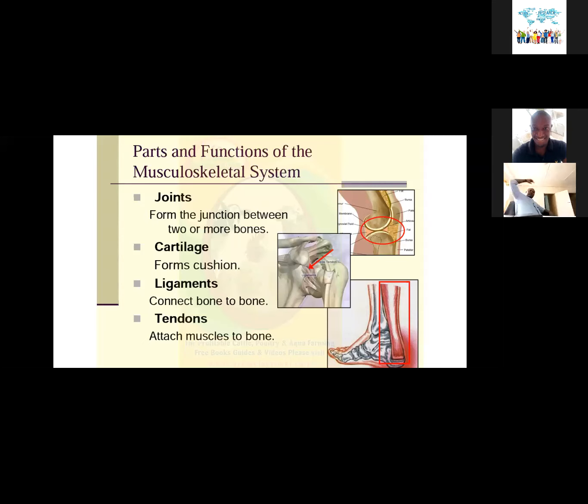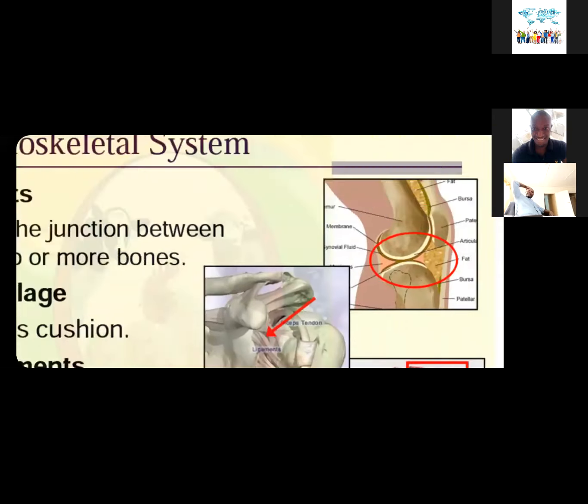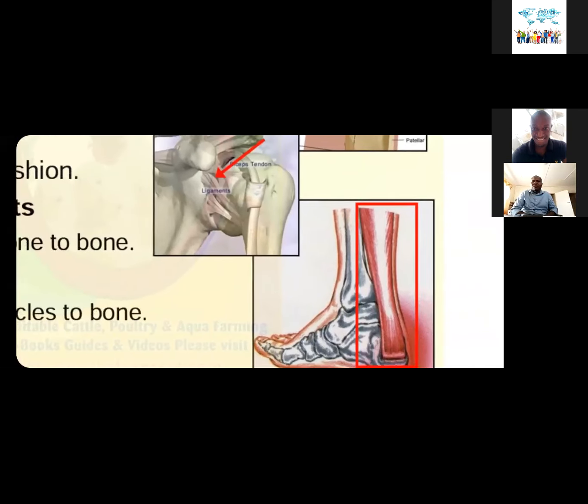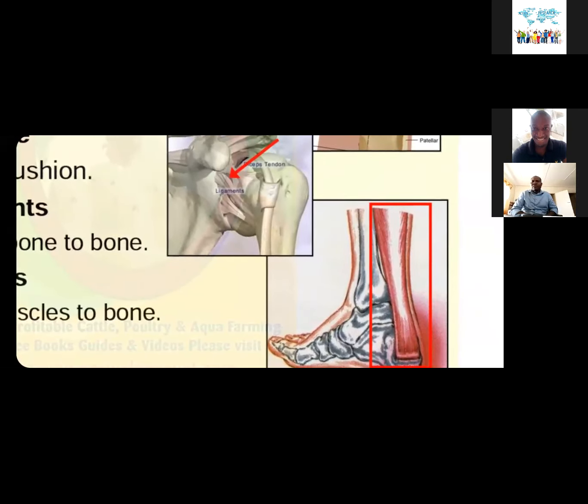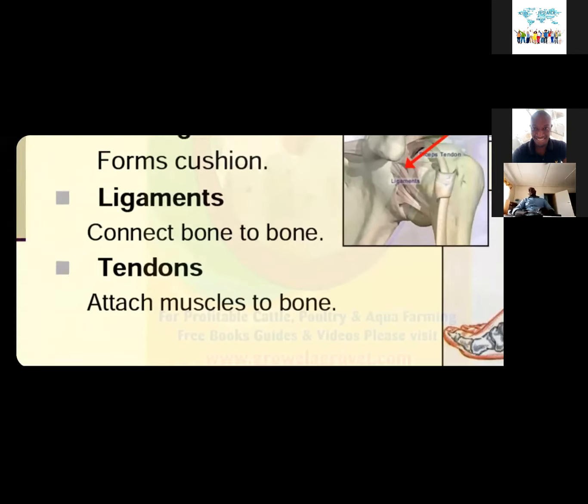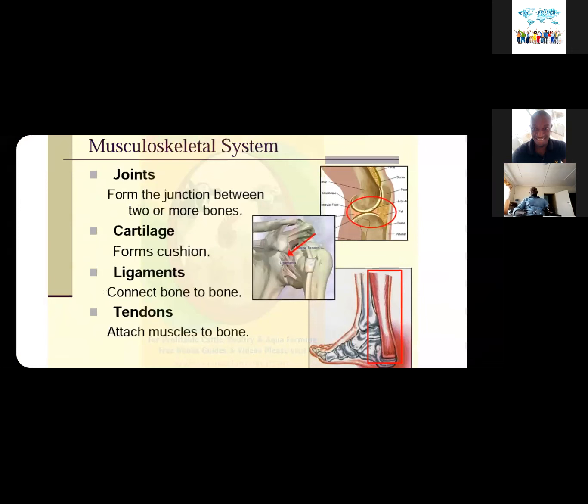Then we've also got ligaments. I'm sure if you've seen the last slide here showing a human leg, you've seen this ligament starting from the heel up until we connect with the ulna. So all this that you're seeing here is basically a connective ligament, which is helping connect various bone to bone.